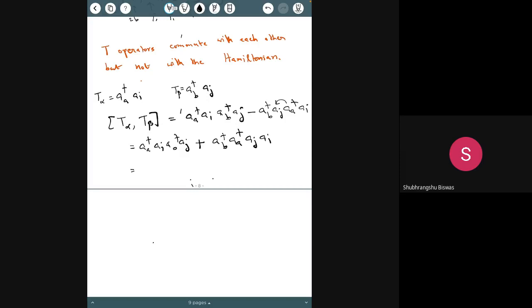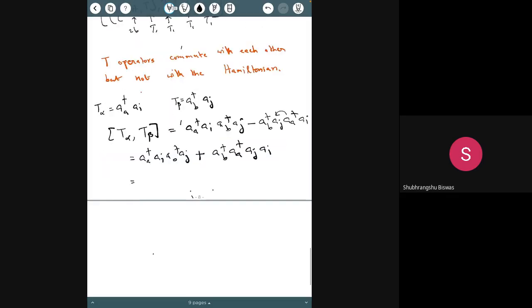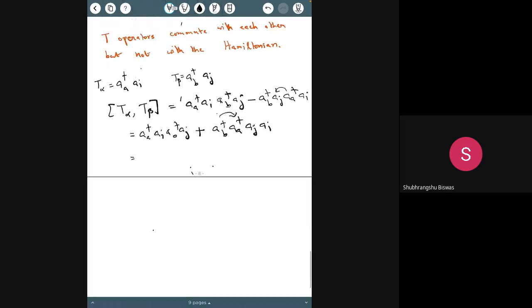When I change two creation or two annihilation operators, I only have a sign change, so two changes means no change.